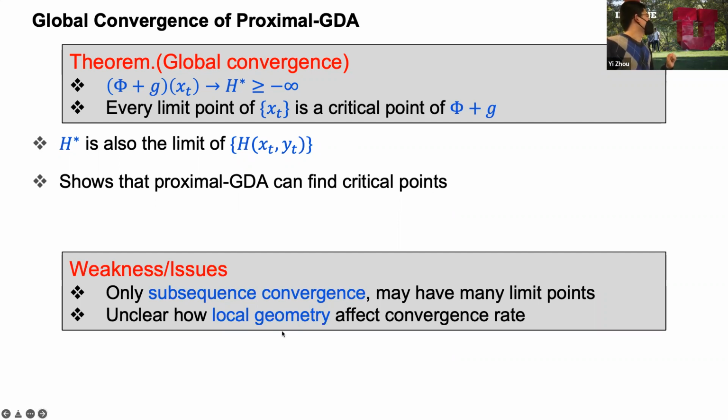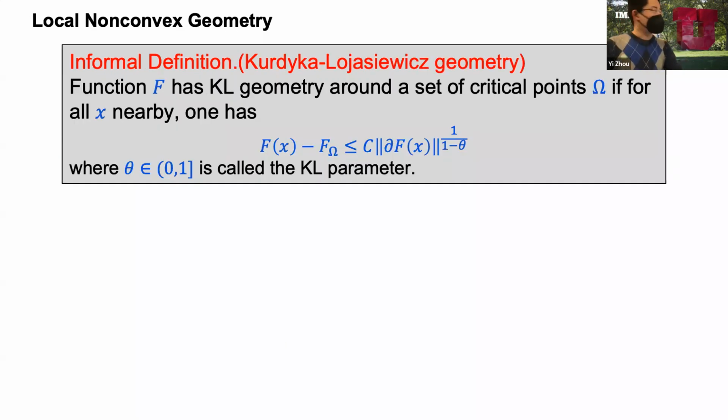So in the next part, we are going to talk about the local convergence properties of this algorithm by leveraging some local non-convex geometries. The geometry we're looking at is this local Kurdyka-Lojasiewicz type geometry.